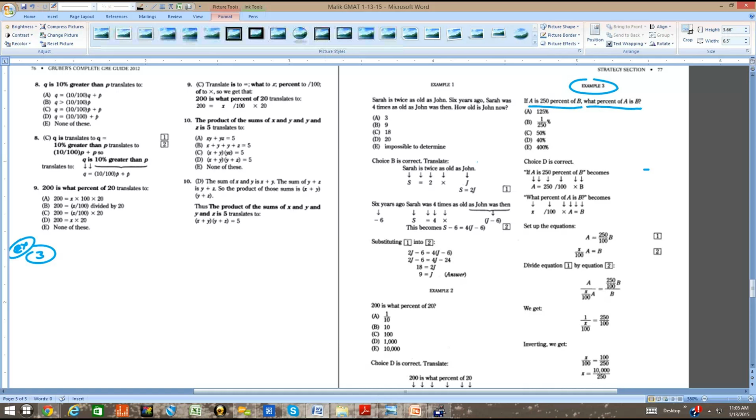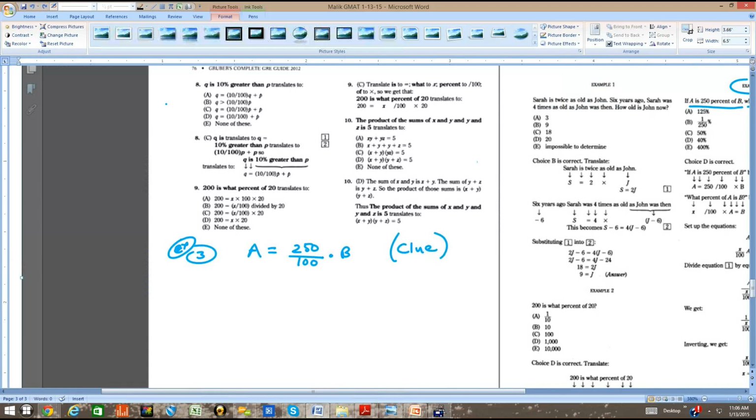A is 250% of B. So A is just A. Is means equal to. 250 is just a number. Percent is divided by 100. Off means multiply. B means B. That's our clue. We can rewrite this as A equals 2.5B. You can leave it like that, it's fine.